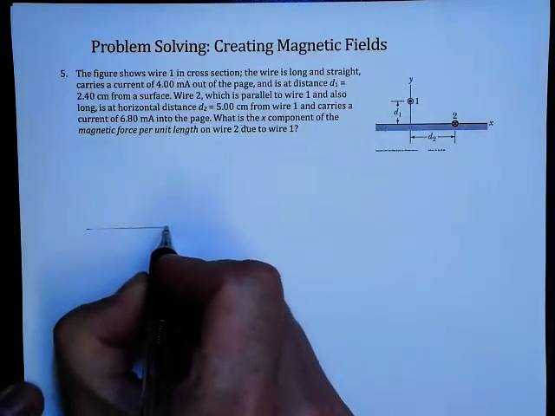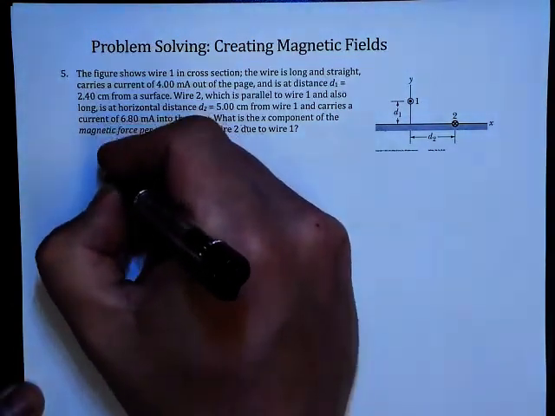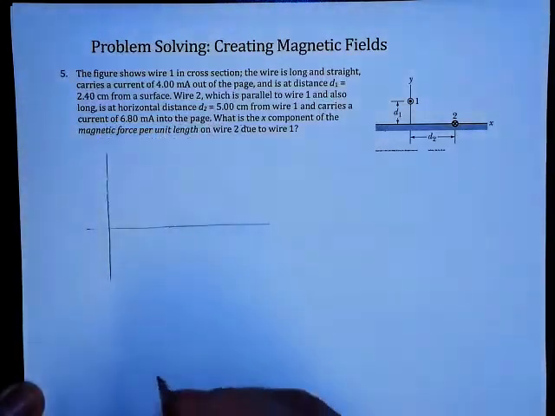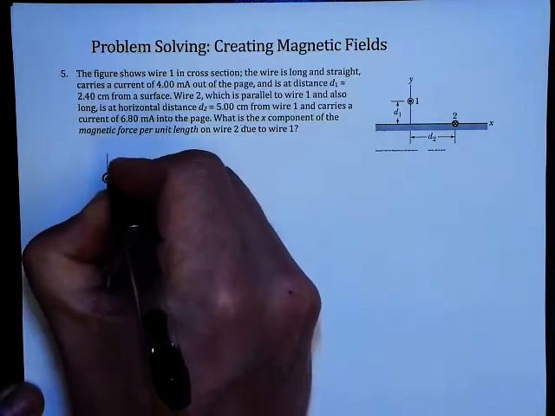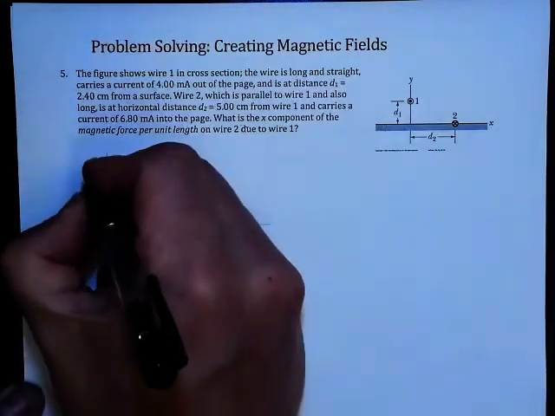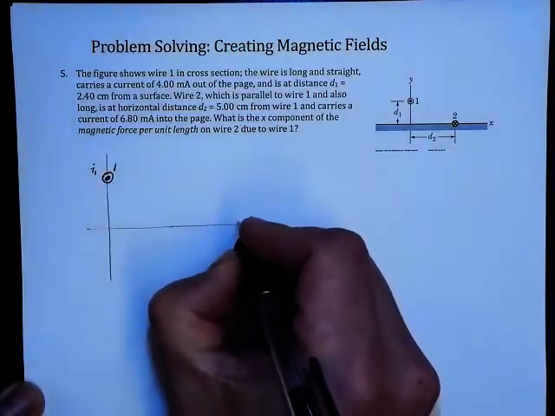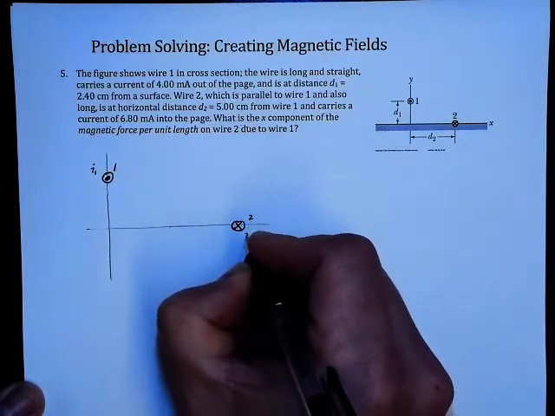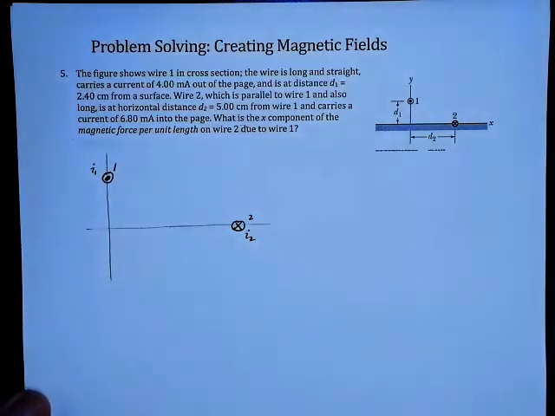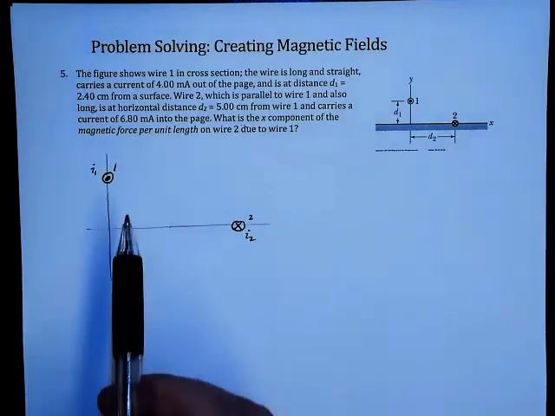I'm going to sketch a slightly larger axis so I can mark it up with a bunch of stuff. So here is wire 1 carrying current 1, and down here is wire 2 carrying current 2, and they're in different directions here. All right, so the logic goes like this.